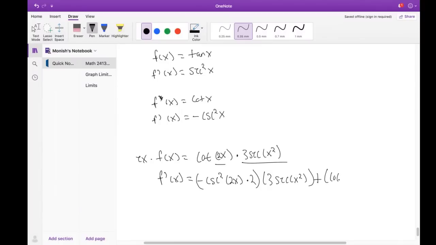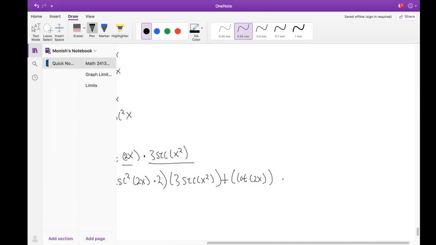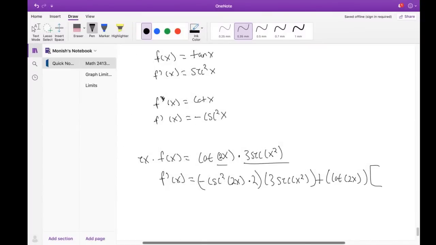So we have our cotangent of 2x remaining the same, and now we'll take the derivative of 3 secant x squared. Chain rule, yeah, I wasn't sure if you guys covered it yet or not. I'll just go over this as the last problem, but I won't do anything else with chain rule after this.